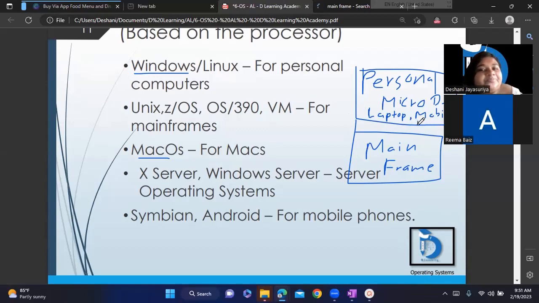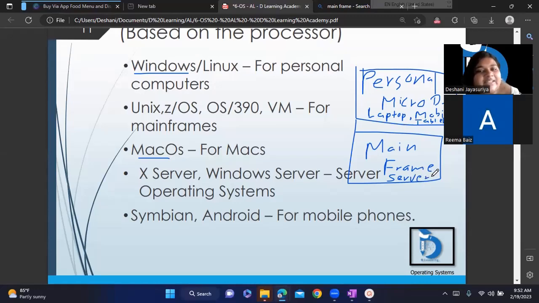So remember, micro devices are personal computers, laptops, tablets, and mobile phones. Mainframes are server computers. Servers are the devices which use operating systems like Windows Server and OS X Server.